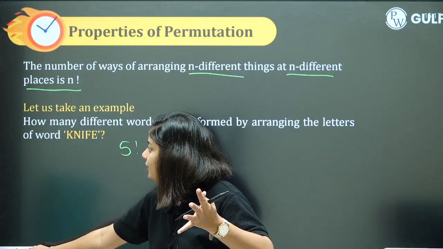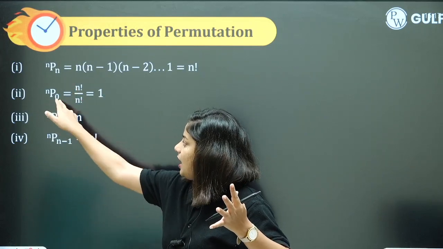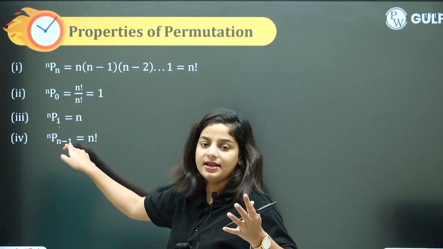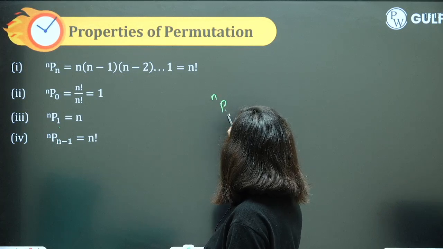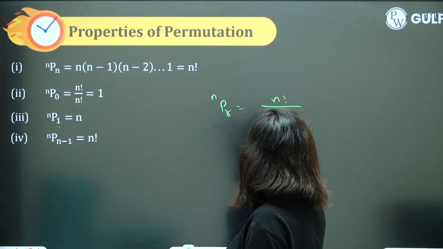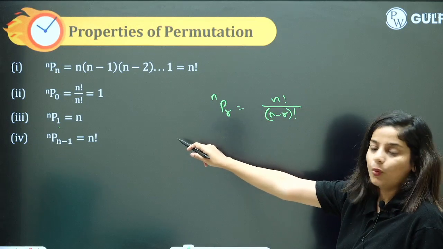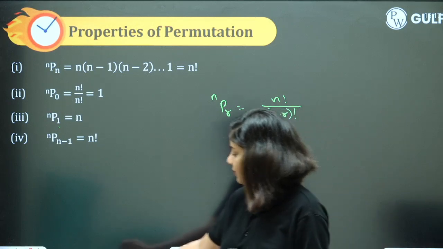Its properties we have already written here, so please remember them. Just put r as 0, you will get 1. Put r as 1, you will get n. Put r as n minus 1 in the formula of nPr, which is n factorial upon n minus r factorial, and so on.